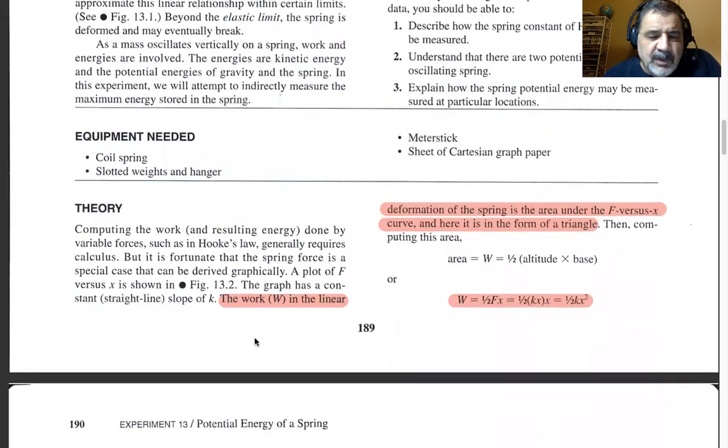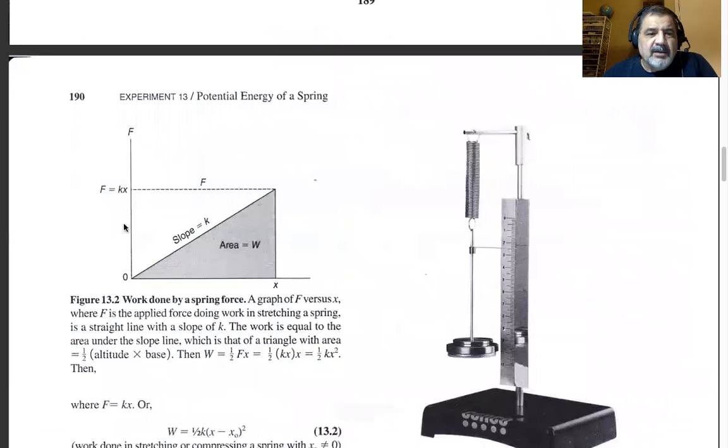We're going to be working with this concept highlighted here. The work W, the work in the linear deformation of the spring, is the area under the F versus X curve. And we'll see that it's this triangle. You have the force, which is equal to Kx. The force plotted as a function of displacement.